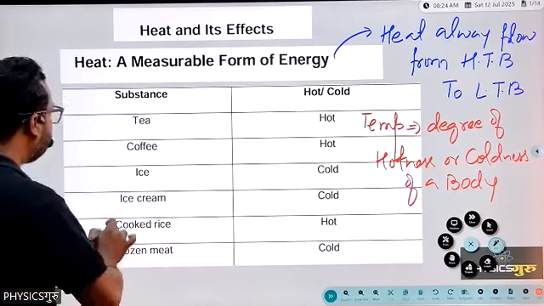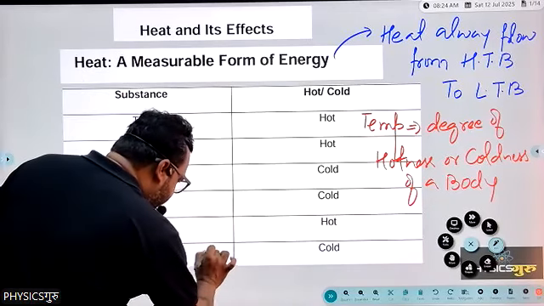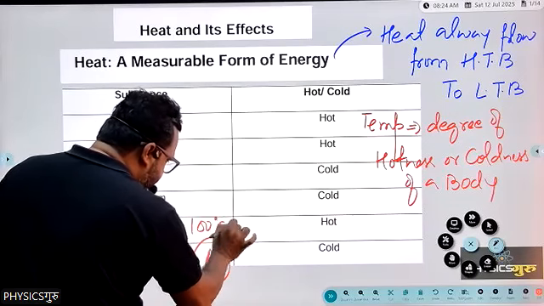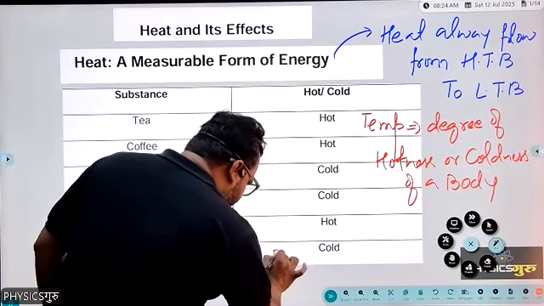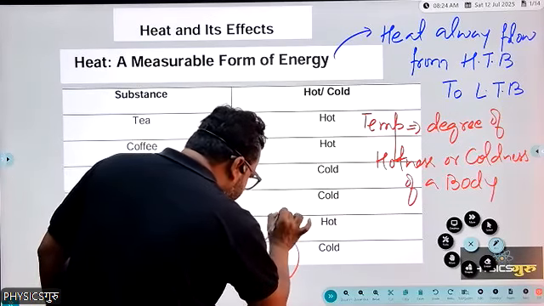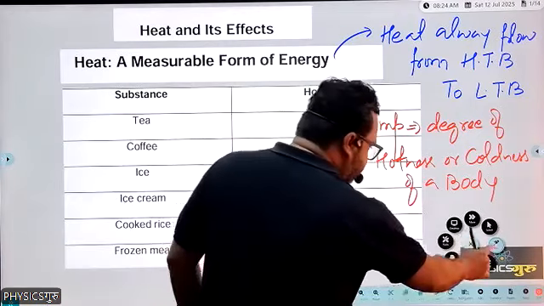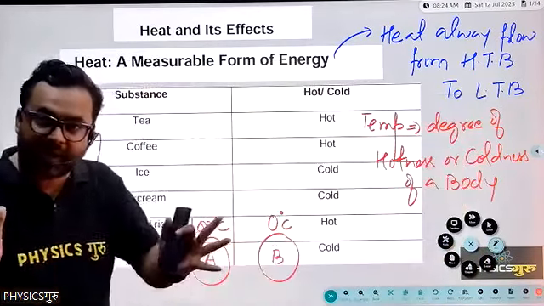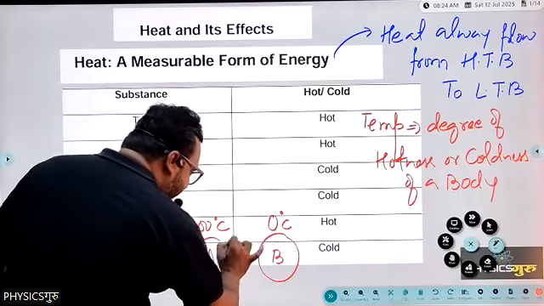Example: suppose I take a body A, and the temperature of body A is 100 degrees centigrade. We have body B whose temperature is 0 degrees centigrade. When these two bodies are brought in physical contact, transfer of heat will take place.